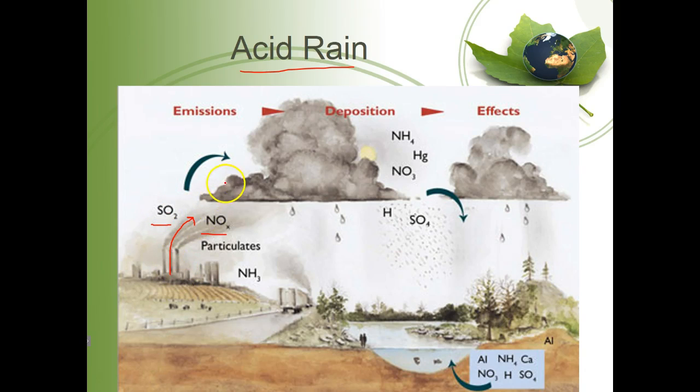These compounds mix with the water droplets in the atmosphere as condensed water vapor. When NOx and SOx bond with our raindrops, they rain back down onto our environment in the form of sulfuric and nitric acid.